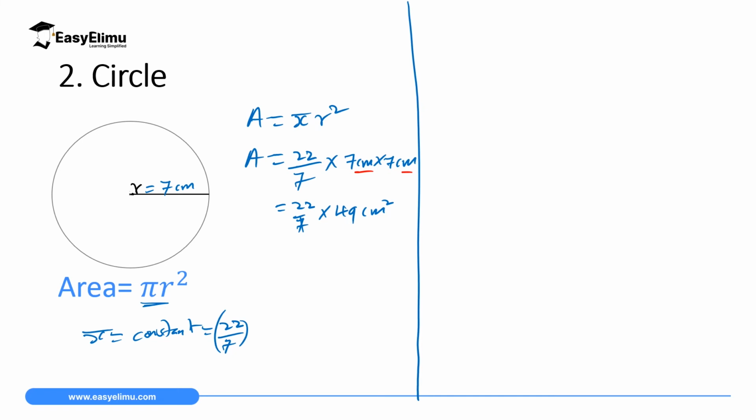Then 7 will go 1, 7 will go 7 times. Then now our answer will be area is equal to 154 square centimeters. So in that case, you could have calculated the area.